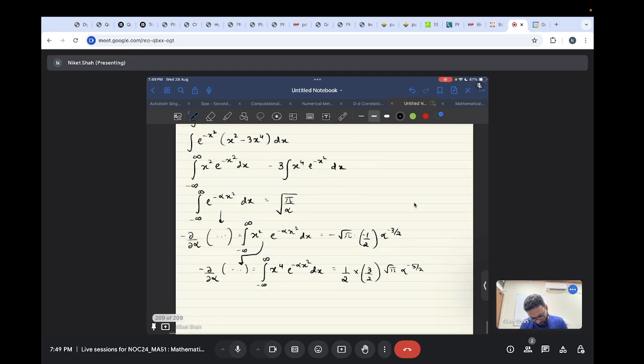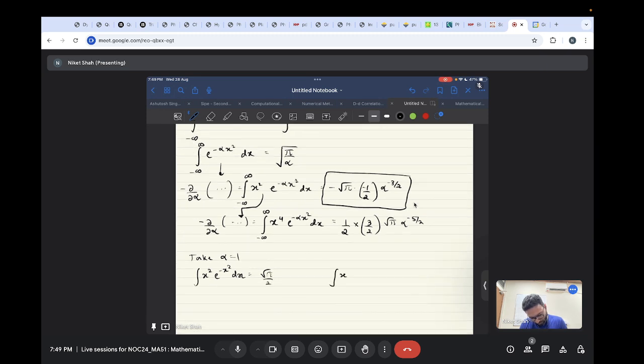Now take alpha is equal to 1. So in that case, what I get is the integral of x square e power minus x square dx is equal to this term with alpha equal to 1. So that gives me root pi by 2.